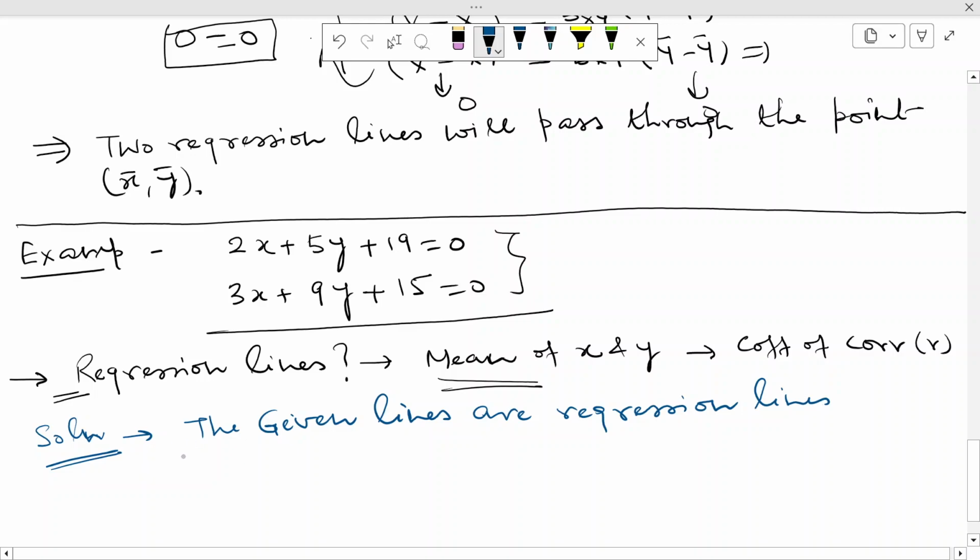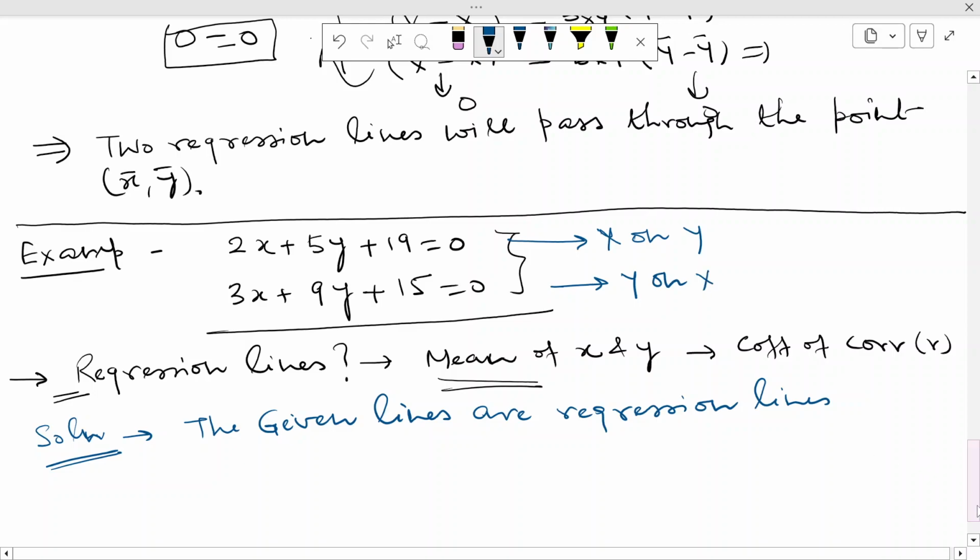If they are regression lines, then one of these lines is y on x and another one is x on y. So let us consider this line as x on y, and this second line as y on x.